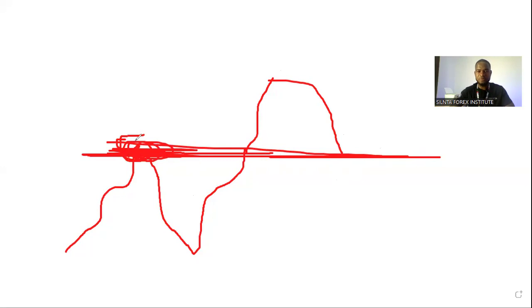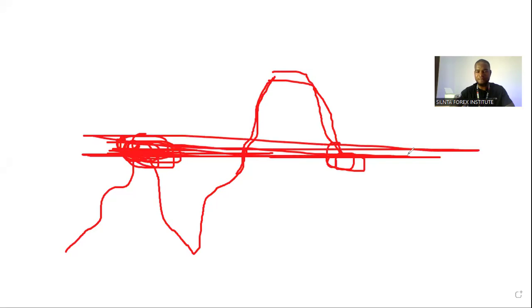This was a resistance, remember? It will now act as a support, and when the price comes back here, we are expecting it to bounce up so we can buy in that area.